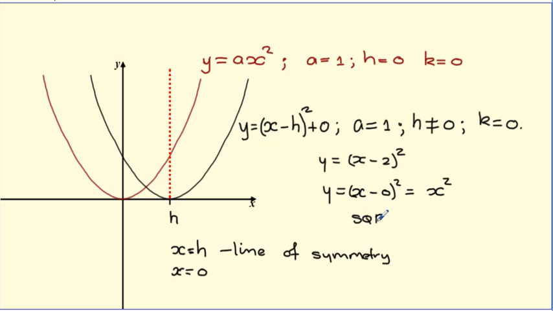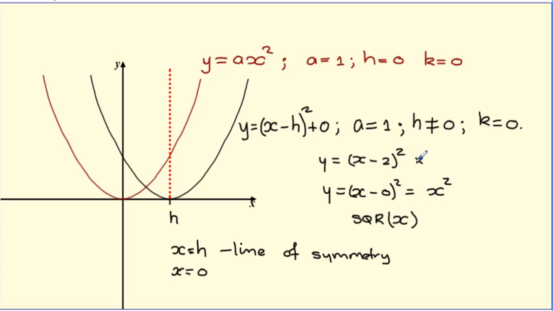The function squares, and x here is the argument of the function. So we're being told that this square function has a line of symmetry when its argument is equal to 0.